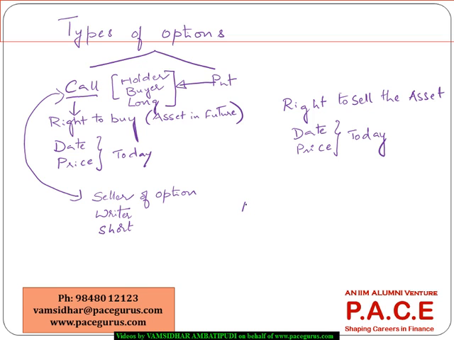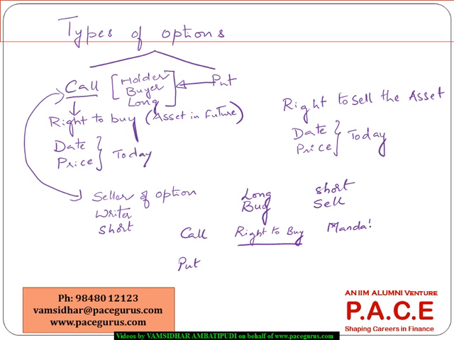So probably if I try to make a grid kind of thing here, buy and sell, call and put. Probably instead of buy and sell, I could have put it as long and short. So if I look at a grid here, a long call position is the right to buy an asset in future. And if this person wants to buy, for the short call position it is mandatory to sell. If a long call wants to buy, the short call position has to sell it.